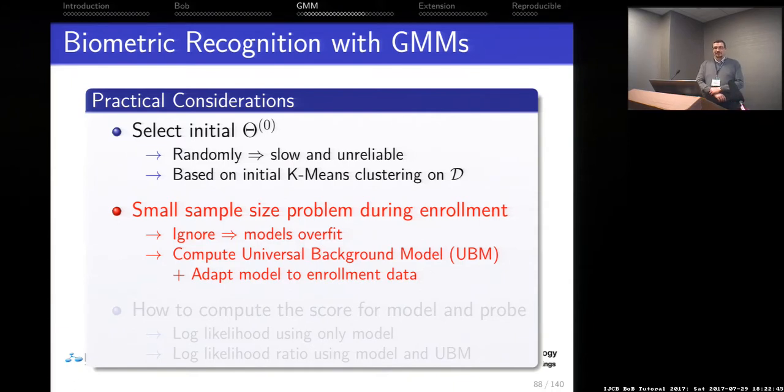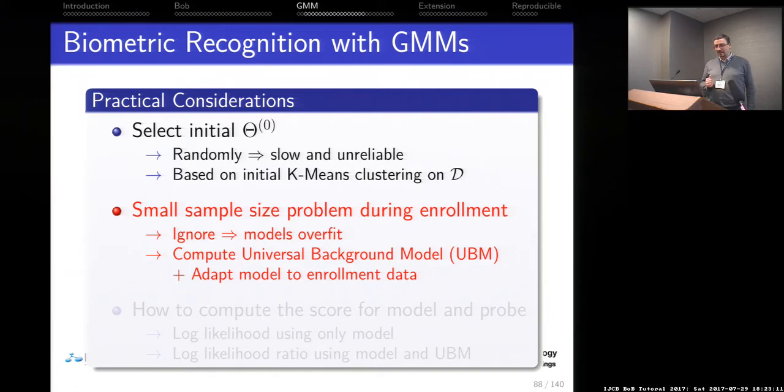Okay. The next problem is that during enrollment, we usually have only few features. In our example, we have features from 5 images. That's not enough to estimate a full Gaussian mixture model. When we ignore the small sample size problem, we basically overfit to the enrollment data.